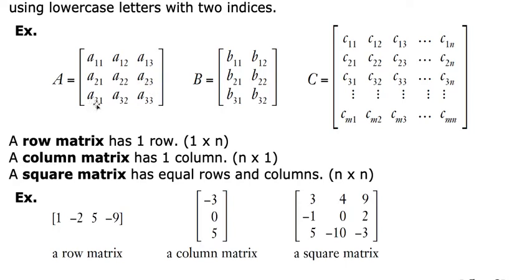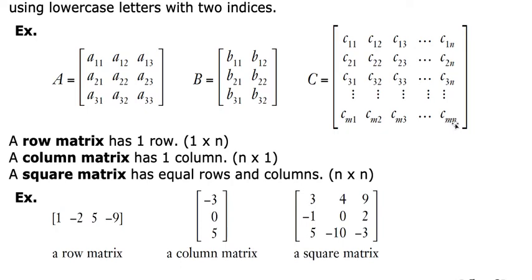This is in the third row, first column. Similarly, B is a 3 by 2 matrix, where this, for example, is saying that this is in row 1, entry 2. And in general, matrix C is an m by n matrix, where there are m rows and n columns.